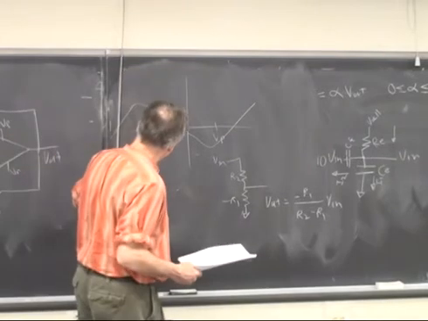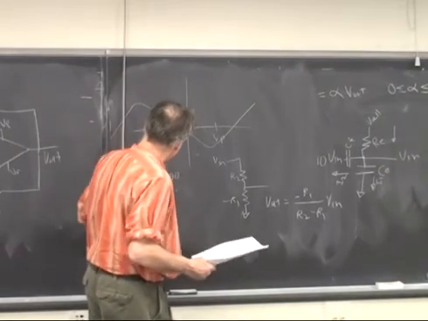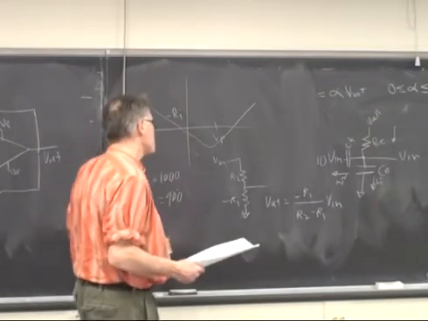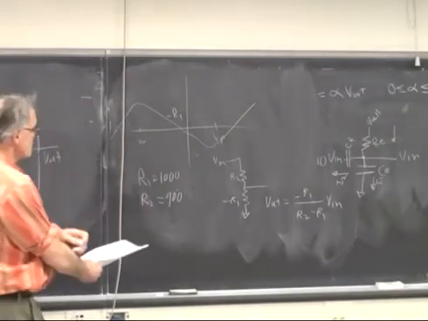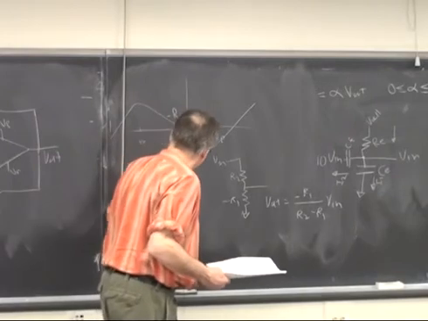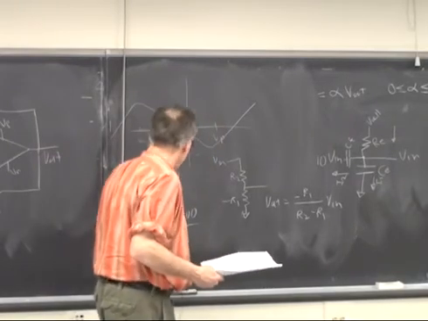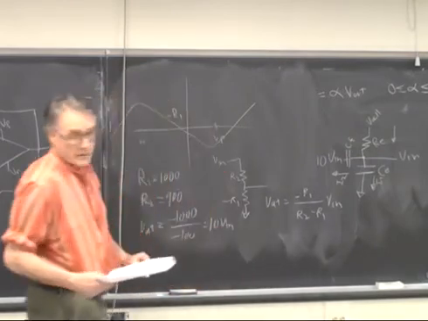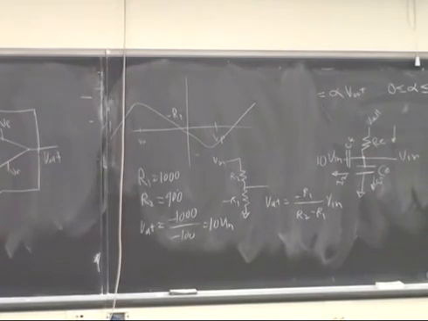Let's say if R1 equals 1,000 ohms and R2 equals 900 ohms, then V out is going to be minus 1,000 over minus 100 equals 10 V in. So you can do all kinds of odd and strange things if you have a negative resistance.